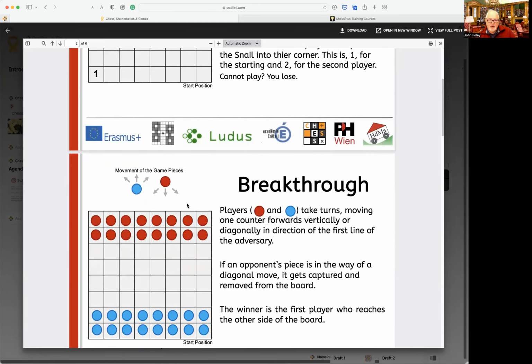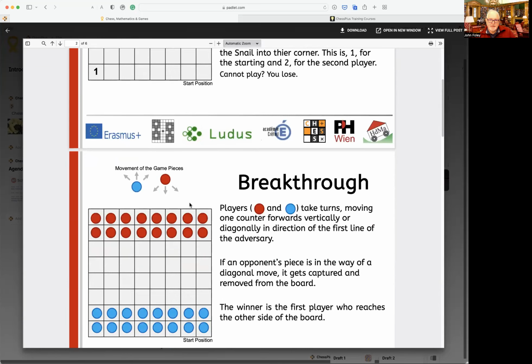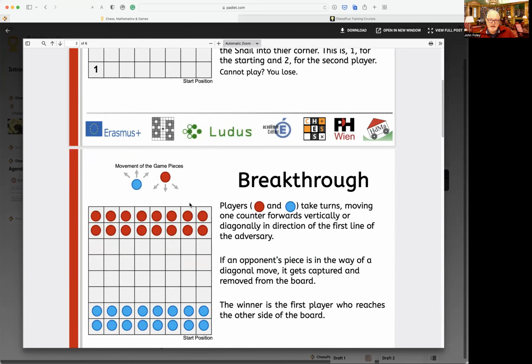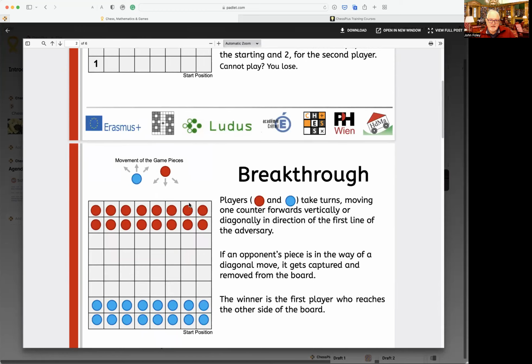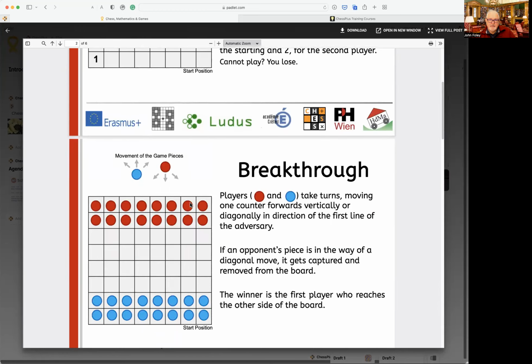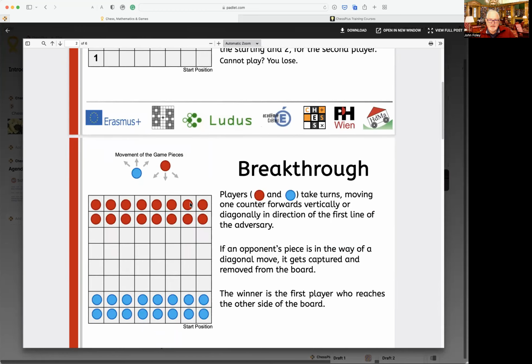I would hope that other countries in Europe would also be implementing mathematical games. By the way, a mathematical games tournament looks exactly like a chess tournament. There's pairings, there's arbiters, there's children playing one-on-one, the game on an 8x8 board. I mean, it looks identical, I have to say. It just so happens the game they're playing is a bit different.